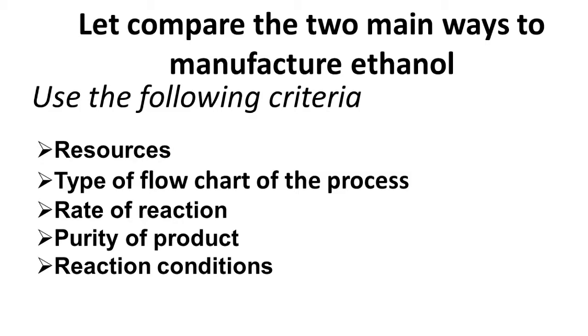Let's compare the two main ways to manufacture ethanol. Use the following criteria: resources, type of flow chart of the process, rate of the reaction, purity of product, reaction conditions.